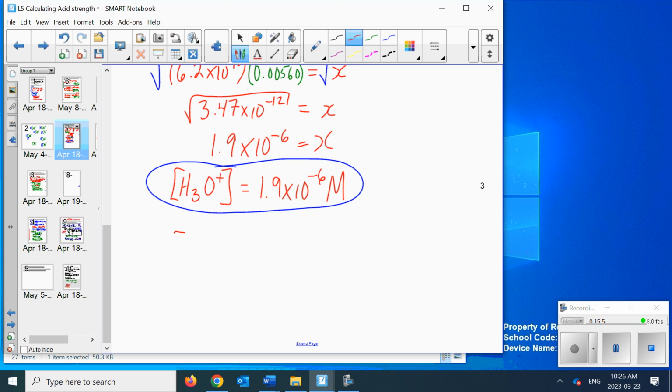So the hydroxide concentration is 1 times 10 to the minus 14, because that's a repetitive thing, you get it enough, you know why, divided by the other answer. You'll get the concentration of hydroxide. What are we getting? 5.3, I think.